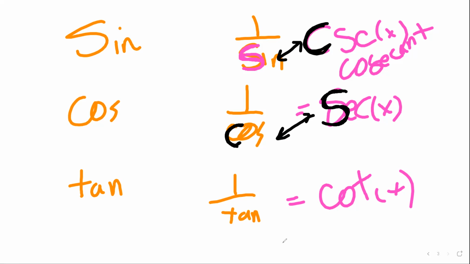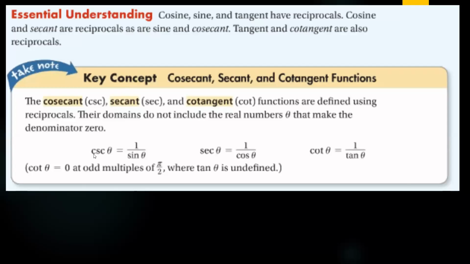So these are the other 3. We have sine, cosine, tan, cosecant, secant, and cotan. Cosecant, written as csc, is 1 over sine, secant, written as sec, is 1 over cosine, and cotangent, or cot, is 1 over tan. These are the other 3 basic identities.